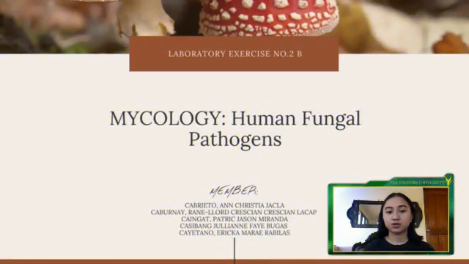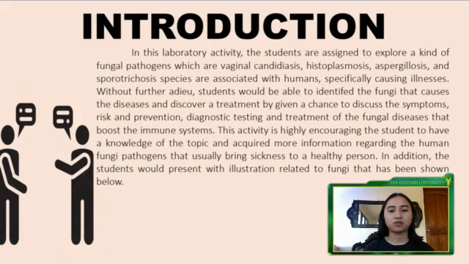Now that we are done with the first part of our laboratory activity, which is 2A, we will continue with 2B, which focuses on human fungal pathogens. We are assigned with 4 kinds of fungal pathogens, which are vaginal candidiasis, histoplasmosis, aspergillosis, and sporotrichosis, and all are associated with causing diseases to humans.